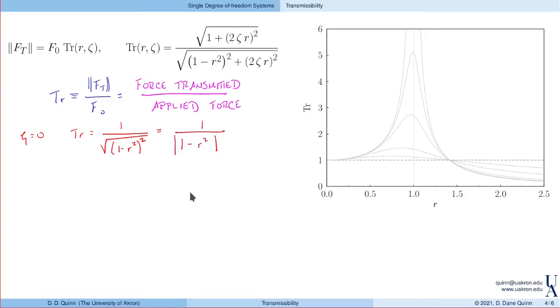Remember, when I take a square of something and then take the square root, we always take that positive branch of the square root. So that's effectively the absolute value. Okay, so over on our plot, let's go and draw that in, right? So you can kind of see what this is going to look like. This is the transmissibility if zeta is equal to 0.